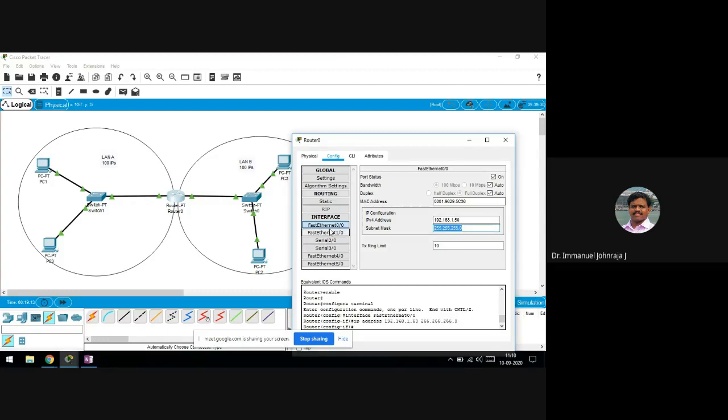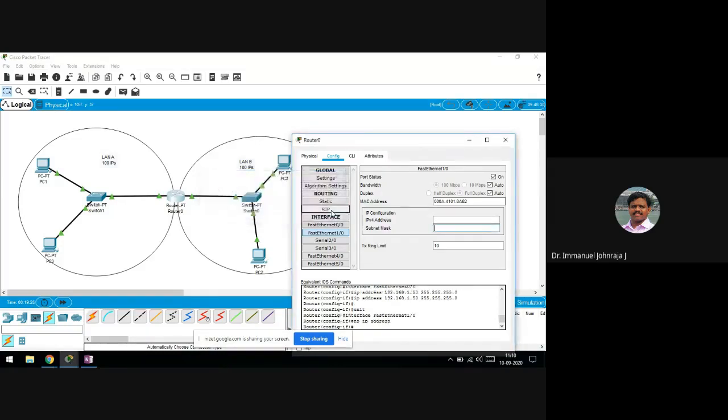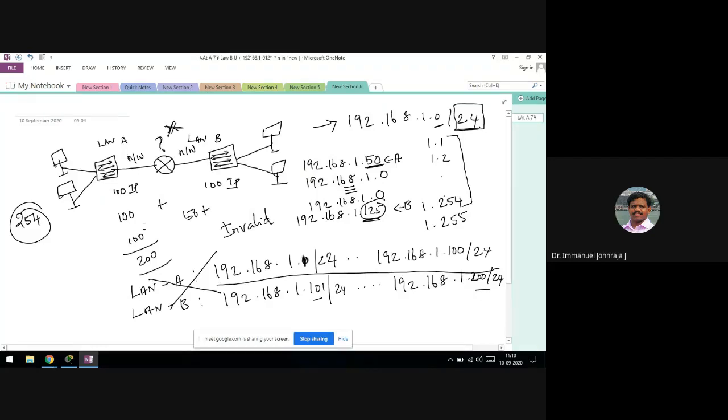So I go to FastEthernet 1/0 and I give the IP 192.168.1.125. That's what we attempted. Now it says it overlaps. The reason is both of them have the same network address, and hence the router does not accept this kind of assignment. So that's the reason I have used the word invalid. This kind of IP assignment is not possible.